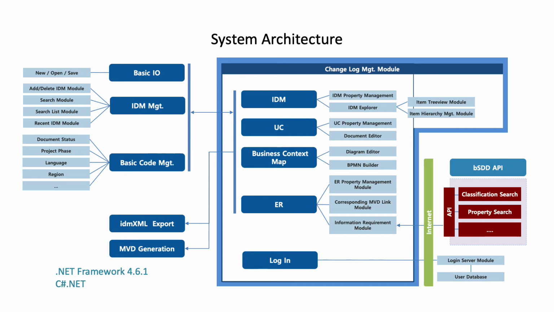And this is the system architecture. And as briefly explained, we use bSDD API to link XPPM and bSDD database. Seung-Woo Son will demonstrate how an MVD can be automatically extracted from an IDM definition by linking IDM and bSDD.